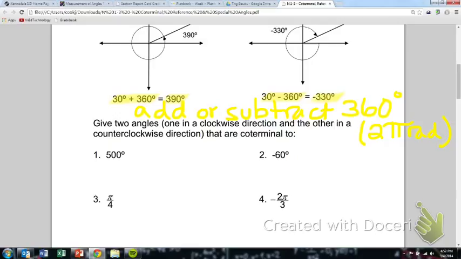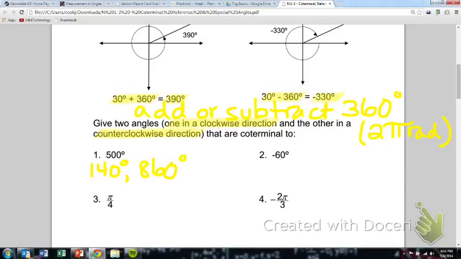This says, give two angles, one in a clockwise direction, that means subtract 360, and the other in a counterclockwise direction, that means add 360, that are coterminal to these. So 500, if I subtract 360, is 140, and 500, if I add 360, is 860.